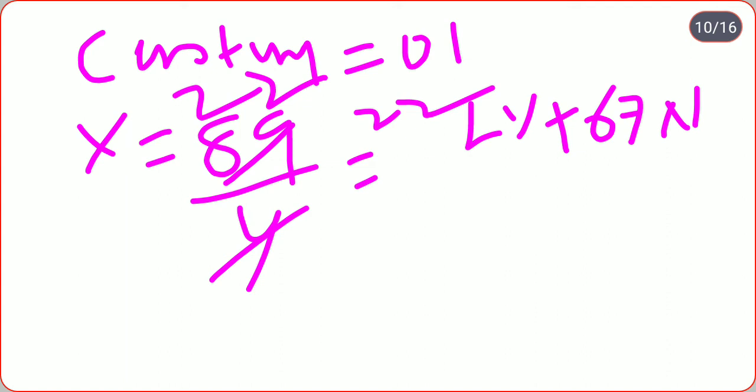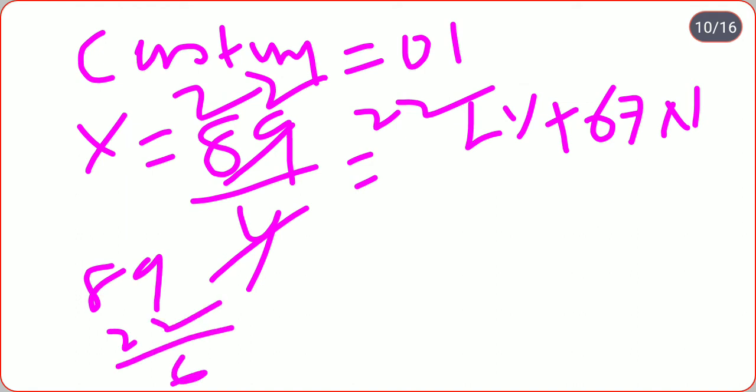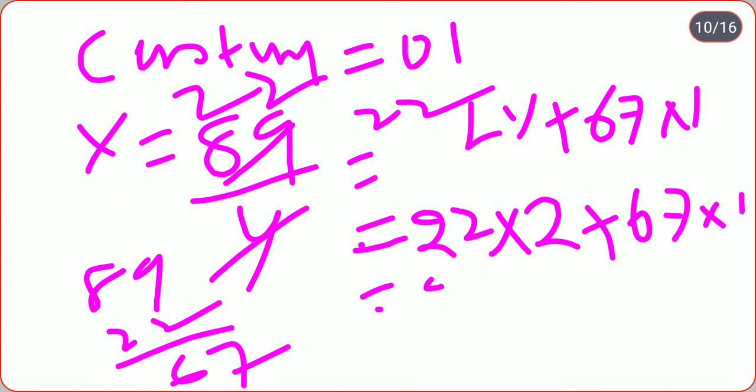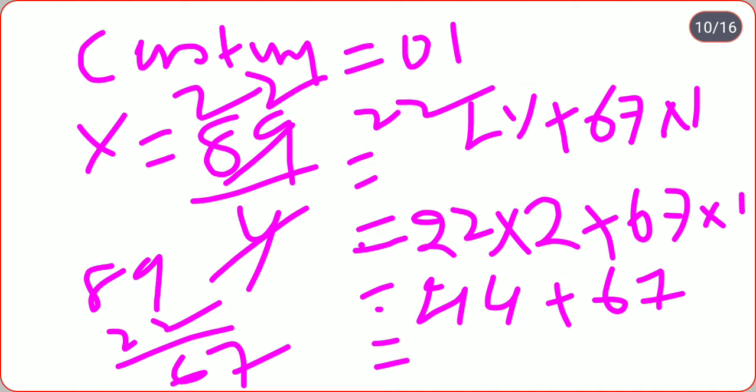So 22 leap years, and 89 minus 22 is 67 non-leap years. A leap year is 2 odd days, so 22 into 2, that is 44, plus 67 into 1, that is 67. So 44 plus 67 is equal to 111 year odd days. Are you understanding?